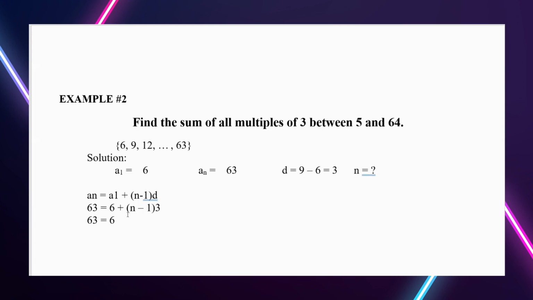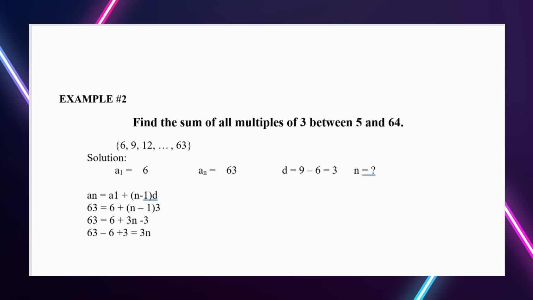Distributive property, n times 3 is equal to 3n. Very good. Negative 1 times 3 is equal to negative 3. Okay, combine like terms. So, 63. Transpose natin ang positive 6, magiging negative 6. Transpose natin ang negative 3, magiging positive 3 is equal to 3n.